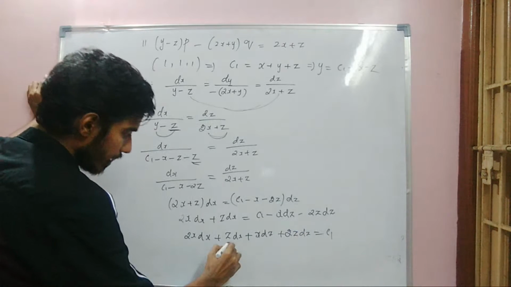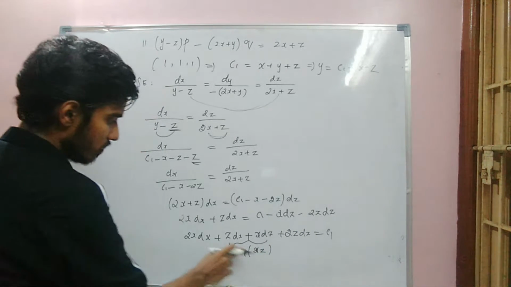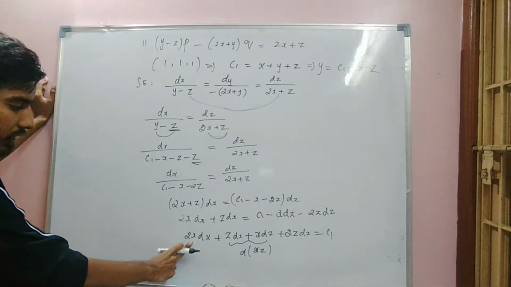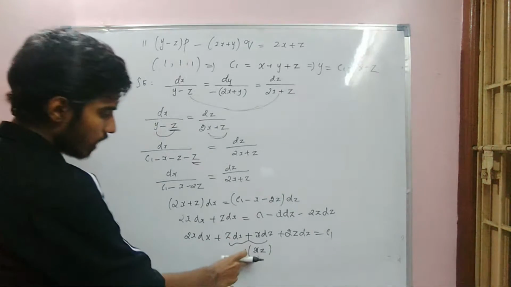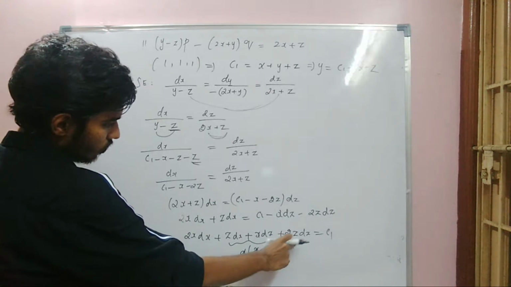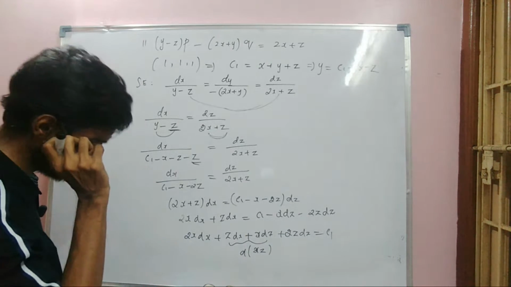Now I can write this term to be equal to d of xz, x dz plus y dy. So if I integrate this, here we are going to have x square by 2, here we have only xz, here we have z square by 2, right?